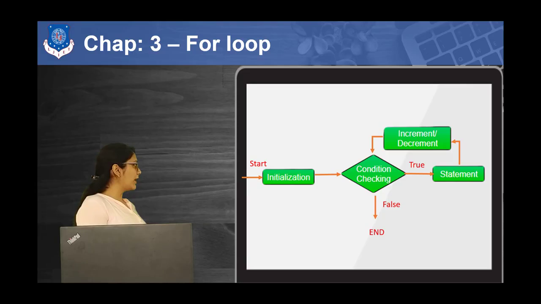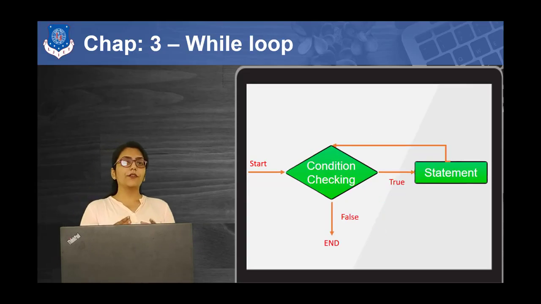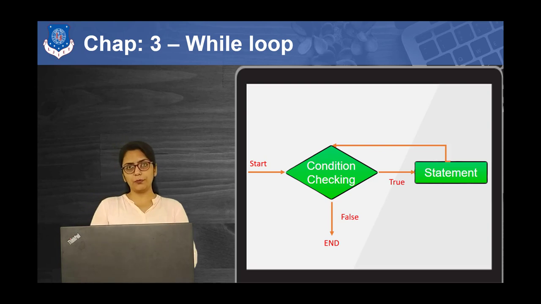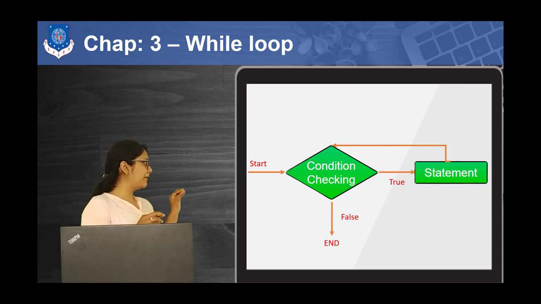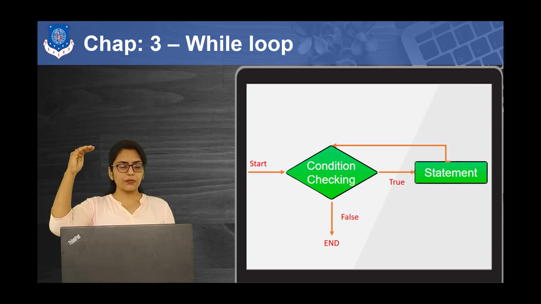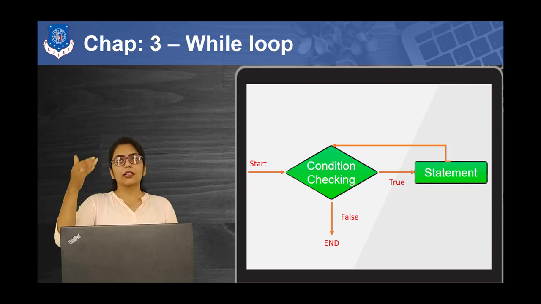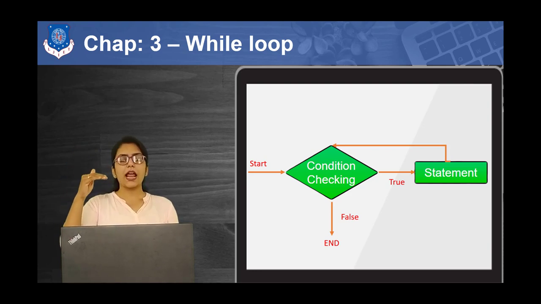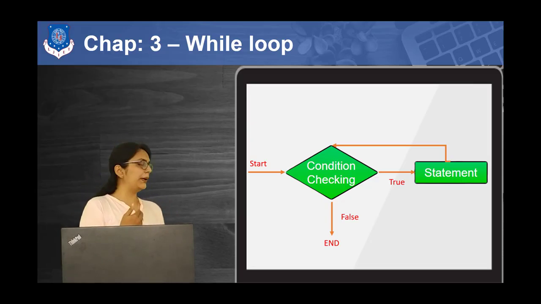Now, what about the flow chart for the while loop? As you can see here, I have not written increment or decrement separately because I have considered it inside the loop statements. If you have observed in the coding part, in a while loop, first we initialize, then we start, then I check the condition, and if the condition is true, I execute the block of statements.